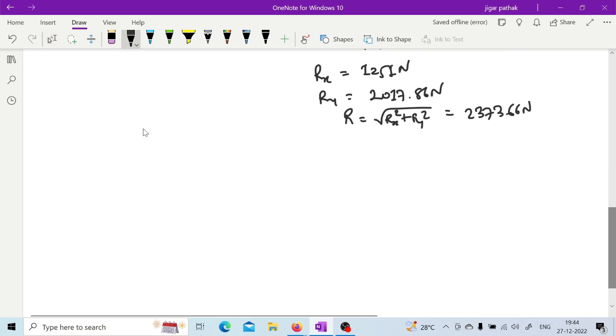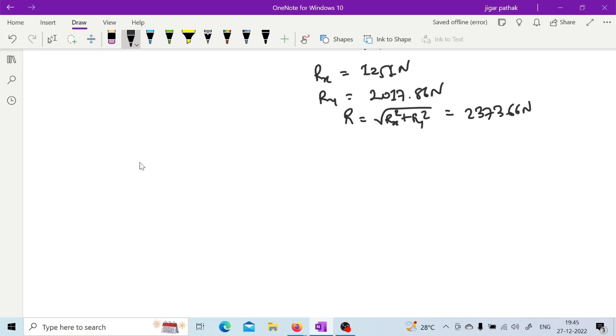So the next was you need to calculate the heat generated, right? So how can you calculate the heat generated? With that frictional force into average velocity, right? That will give you that energy.